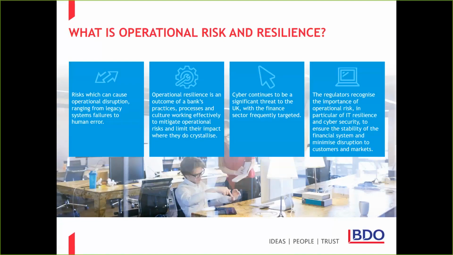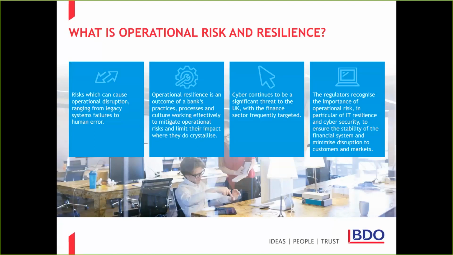Operational risk is the operational disruption that can be caused, ranging from having poor legacy systems or issues with IT in general, to more traditional failures like human errors, for example fat fingers or someone not following your process. Just to give some examples, these are always at the regulators' forefront.